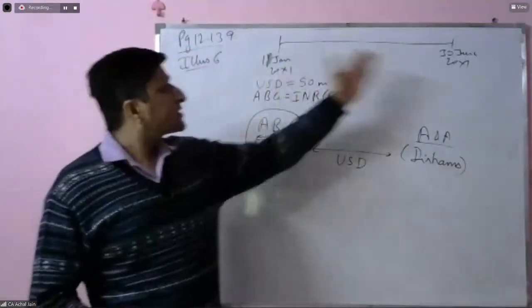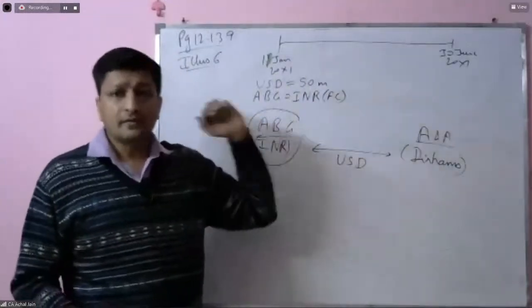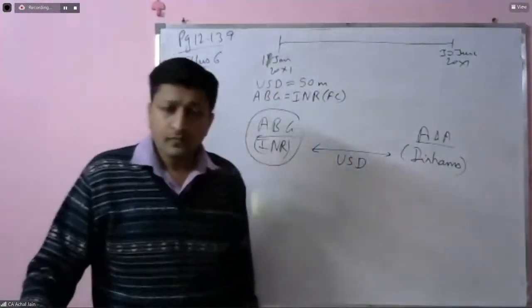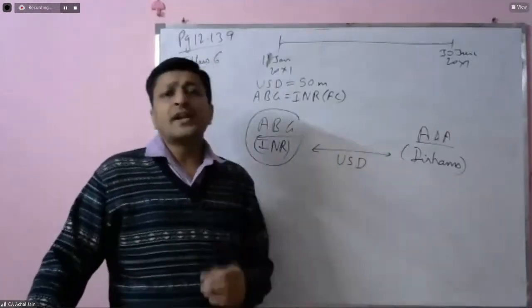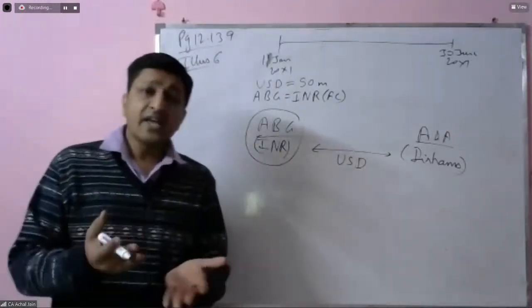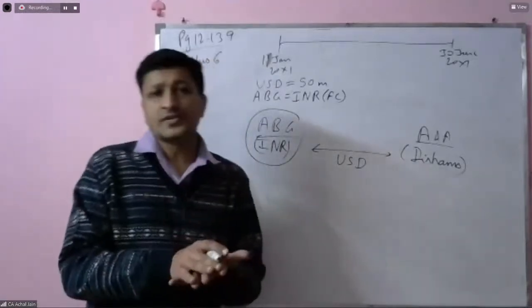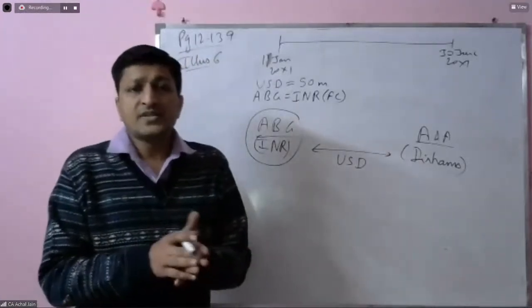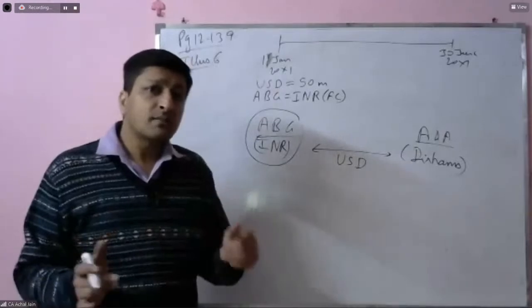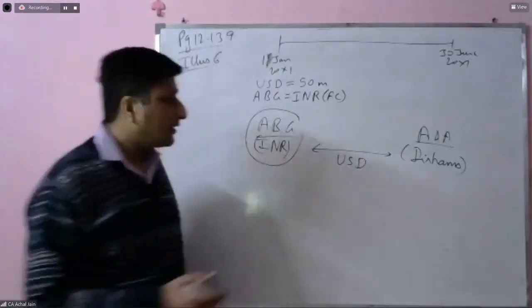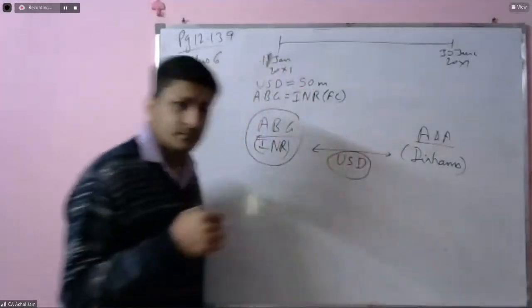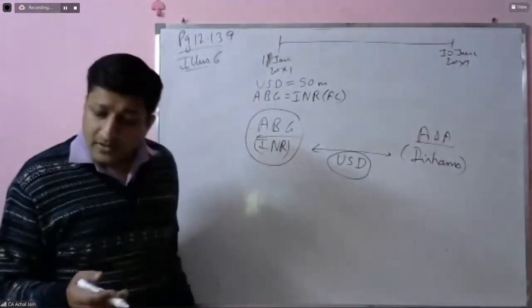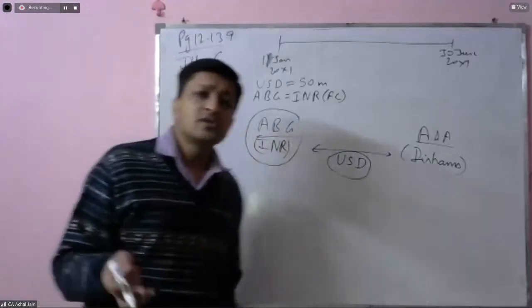Why? Because there's a 6 months period for payment. And that's why ABG has tried to hedge this risk. ABG has tried to cover this risk by entering into a contract in USD instead of dirham. And you may think, sir, will the USD not fluctuate?